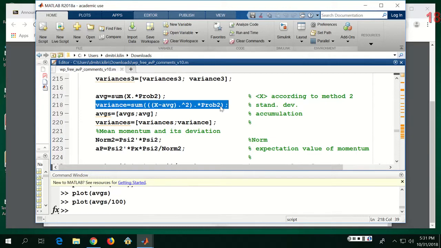So this is the vector and this is a number. Make sense? Line 218.